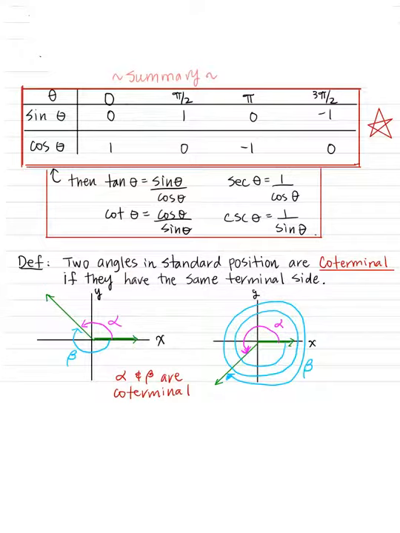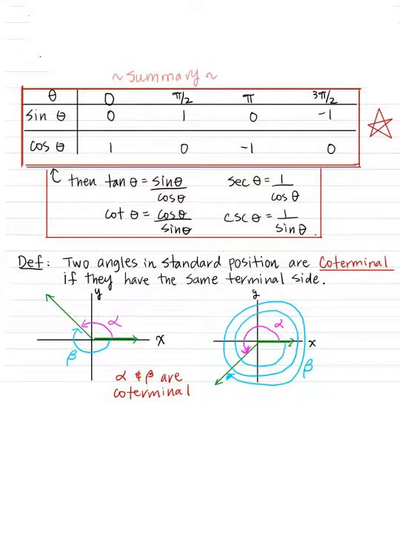You can derive that the way we just did in the previous examples. And cosine of 0 is 1, cosine of pi over 2 is 0, cosine of pi is -1, and cosine of 3 pi over 2 is 0. Since we got sines and cosines, you should be able to derive the rest of the other trig functions.